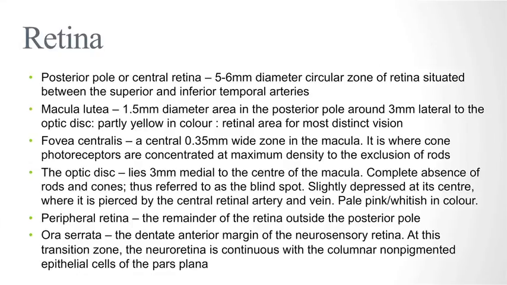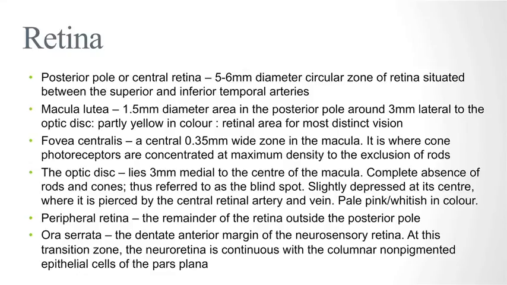The optic disc lies 3 millimeters medial to the centre of the macula, with complete absence of rods and cones, thus referred to as the blind spot. It is slightly depressed at its centre, where it is pierced by the central retinal artery and vein. It has a pale pinkish-whitish colour.